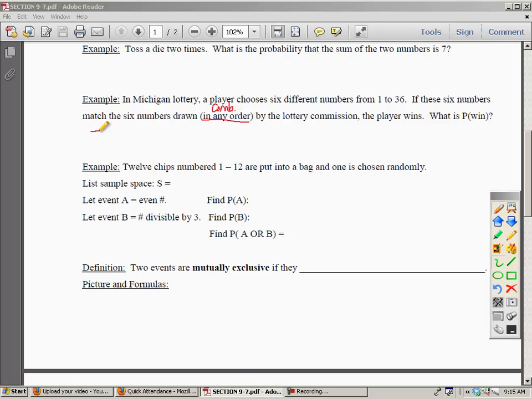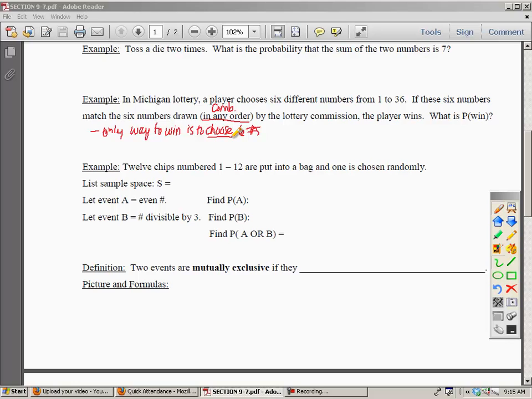Okay, now I'm going to put some key information. The only way to win is to choose the 6 numbers, right? To choose, and I picked the word choose because the order doesn't matter.